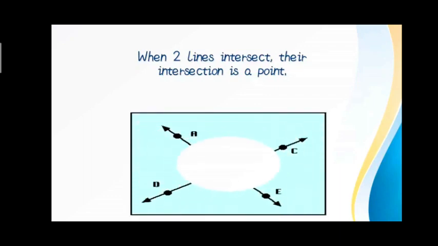Here line AE intersects line DC at point B. So what is B? B is the point of intersection. So when two lines intersect, their intersection is a point, right?